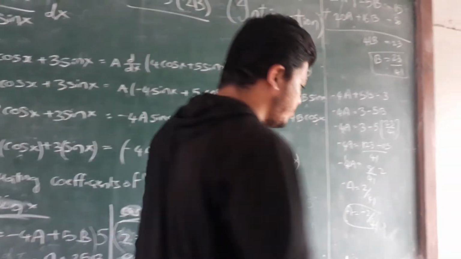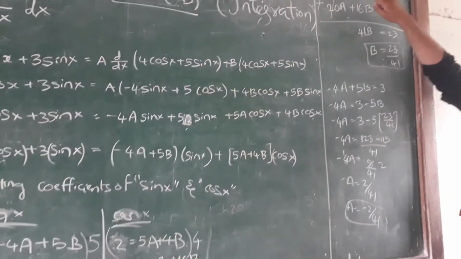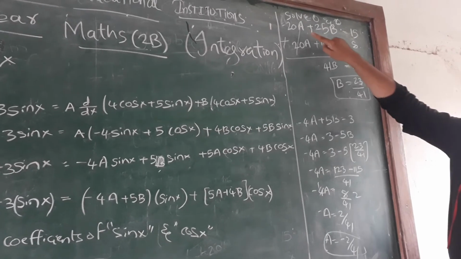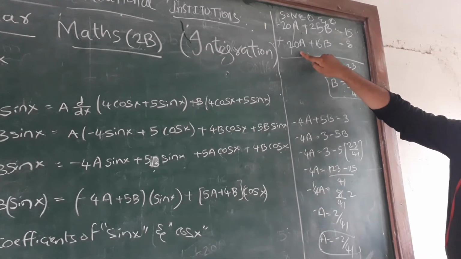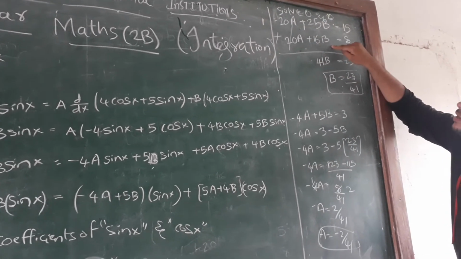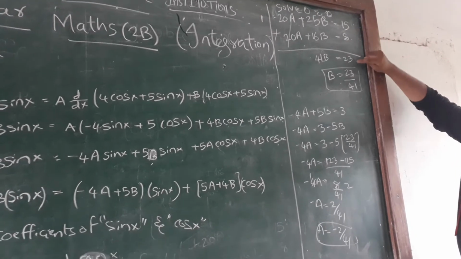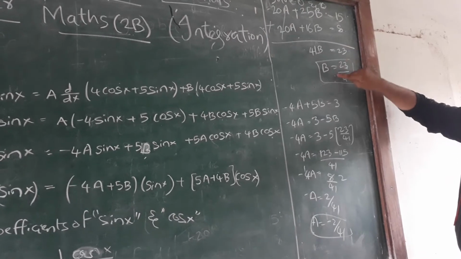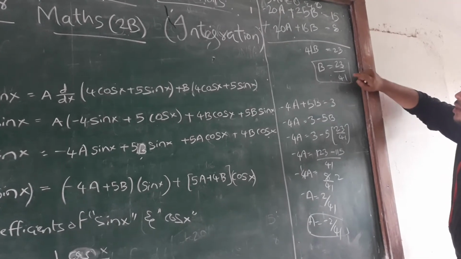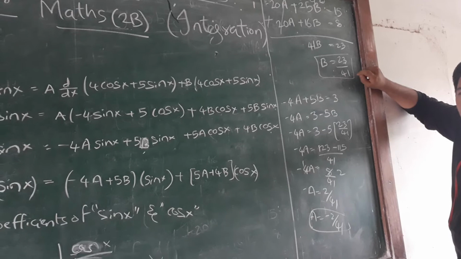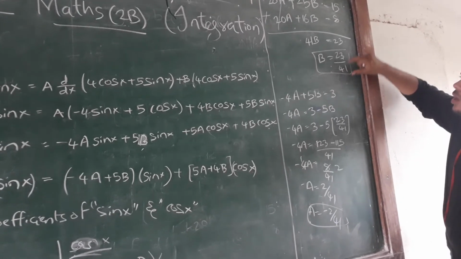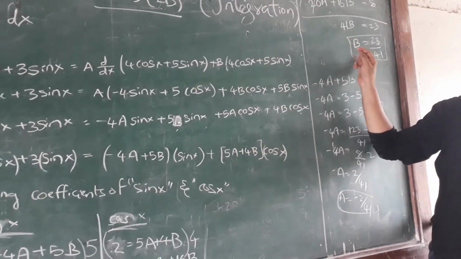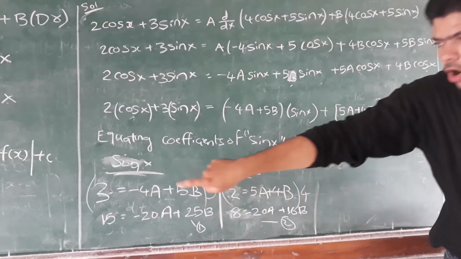Now solve equations 1 and 2. Plus 20a minus 20a cancel, 25b plus 16b gives 41b, and 15 plus 8 is 23. So b is equal to 23 by 41. In the same way we bring the a value by putting this b into one of the equations.